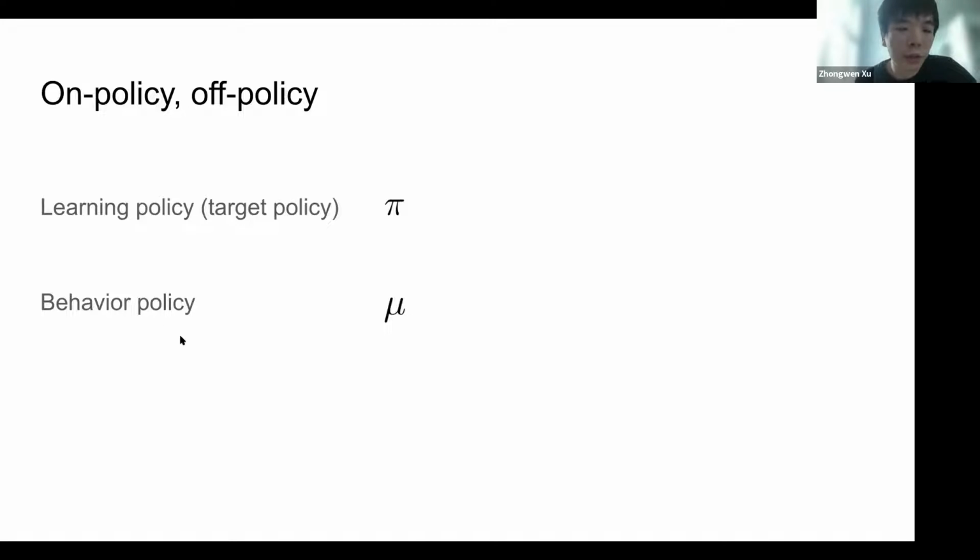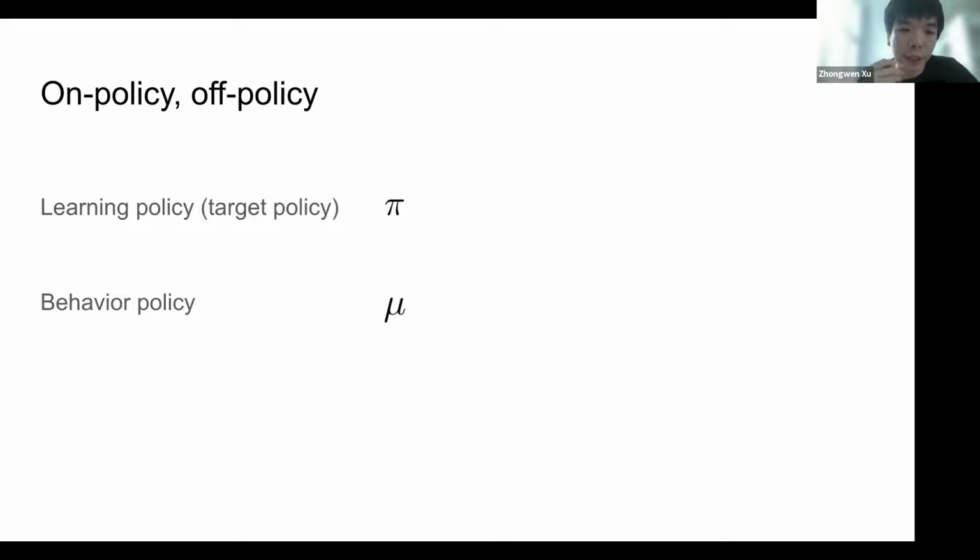The behavior policy is the one we use to interact with the environment and also to collect data. And the learning policy is pi, which is the policy we keep updating.